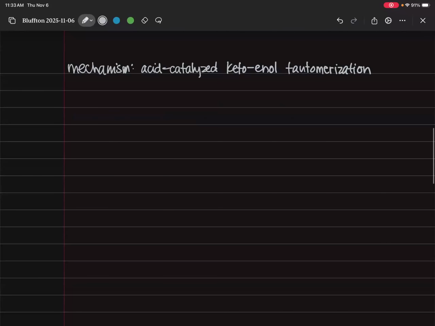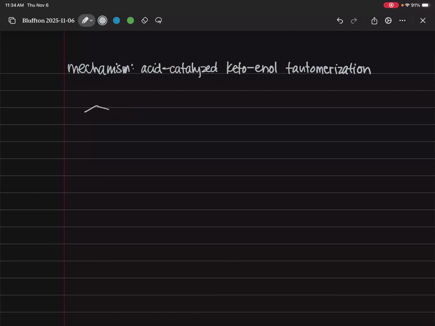Okay, so we need to talk about the mechanism because this is important. For acid catalyzed tautomerization between the ketone and the enol, we call that keto-enol tautomerization. Say that 10 times fast. And we'll also talk about base catalyzed, but don't worry too much. There's only a couple of steps.